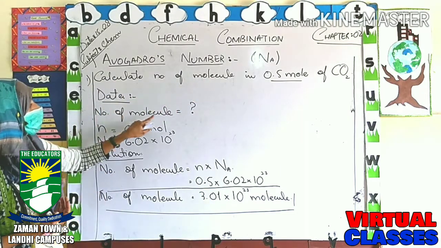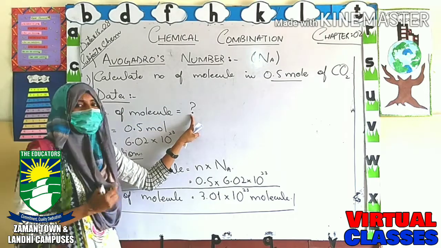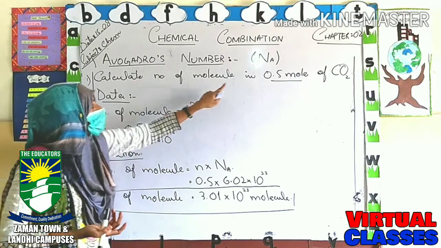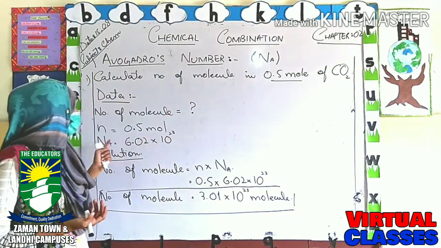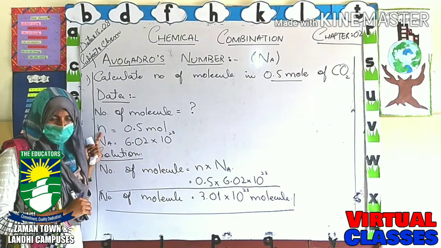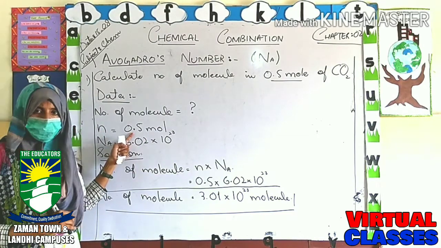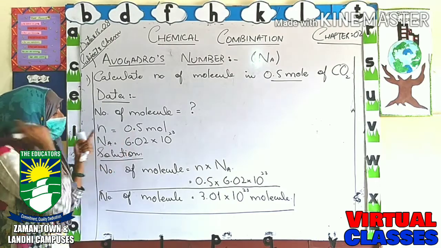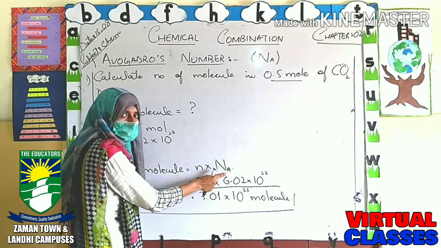Okay, so how many molecules are given? No, we have to calculate it. So you will place a question mark. Then in 0.5 mole, what is this? The number of moles, and we know that the number of moles is represented by n. How much is given? 0.5 mole. Now according to the formula, we also need to know the value of Avogadro number.